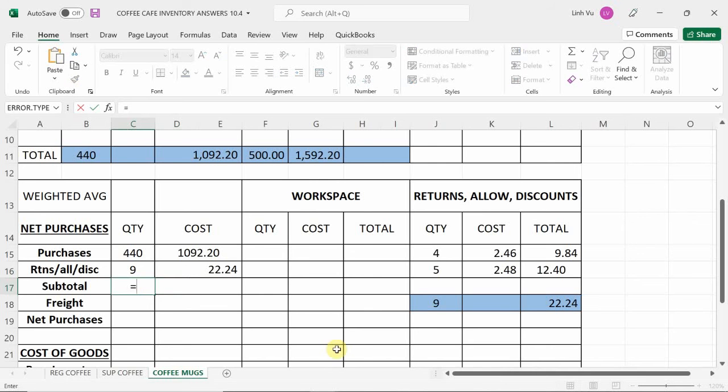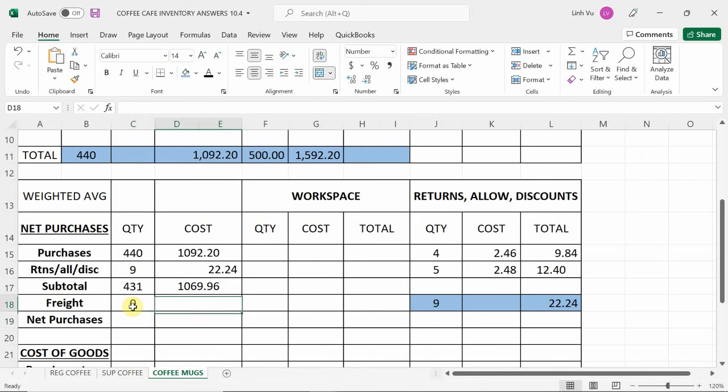So in this case, what's my subtotal going to be? 431. Good. The subtotal is 1,069.96. Okay. Freight adds nothing to quantity, but it adds to the cost.